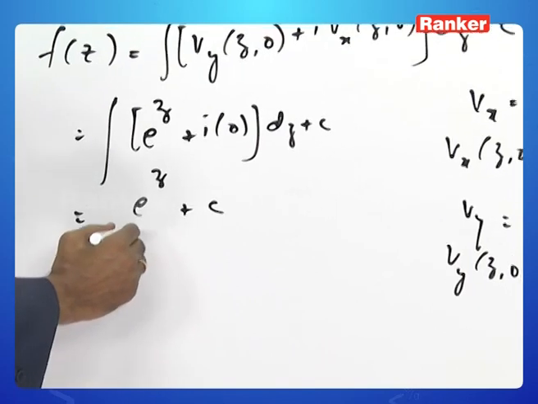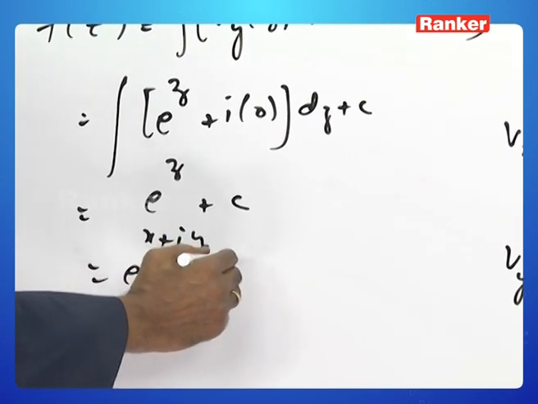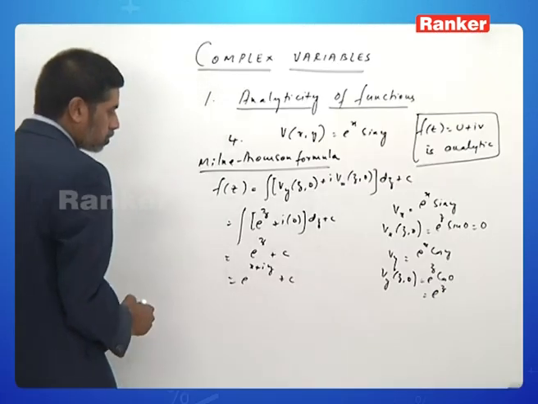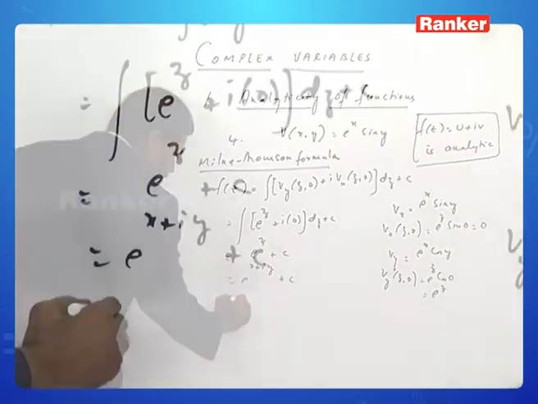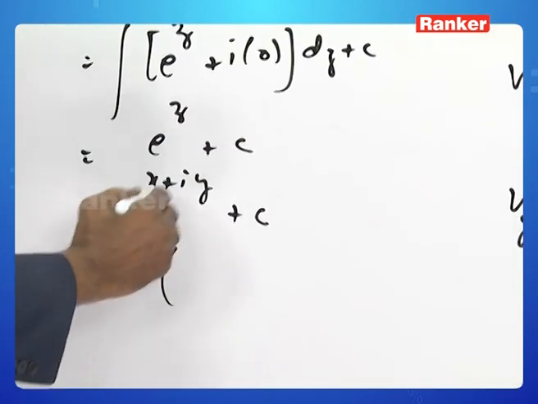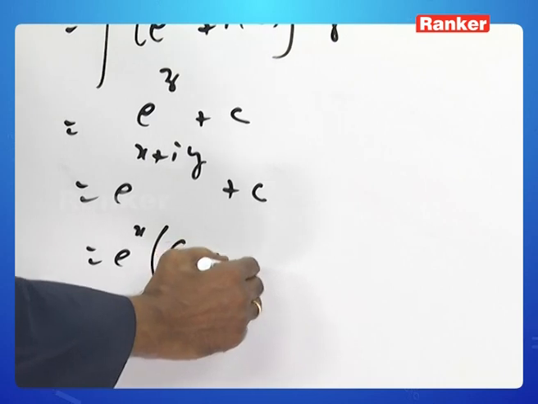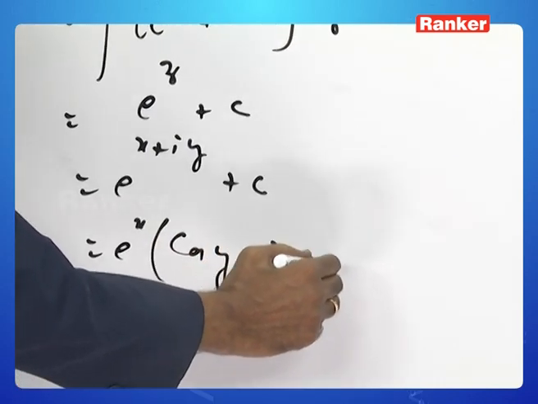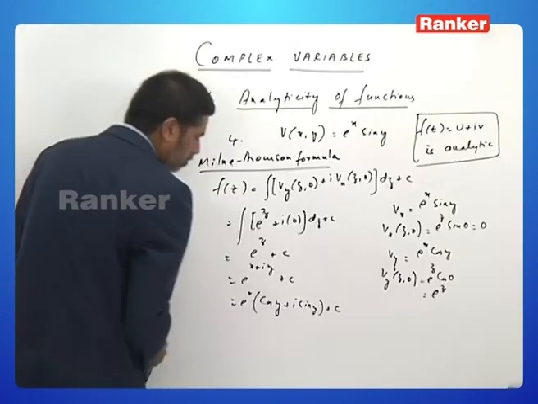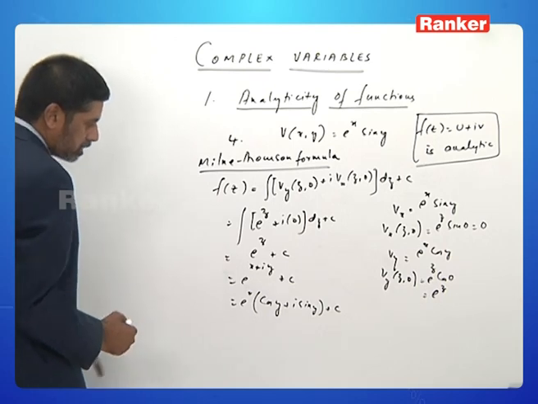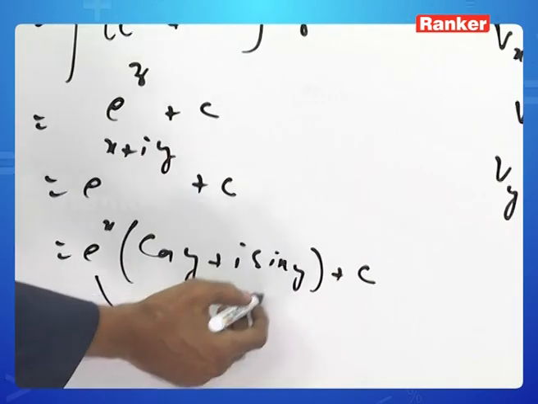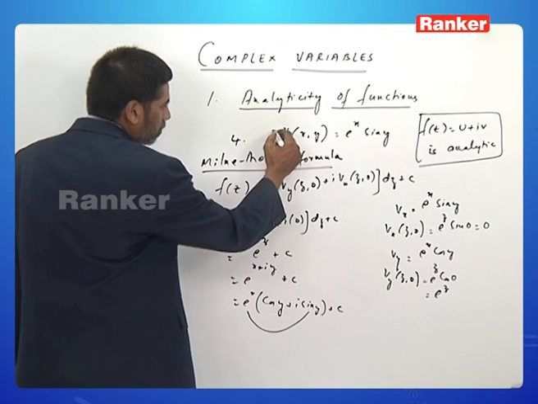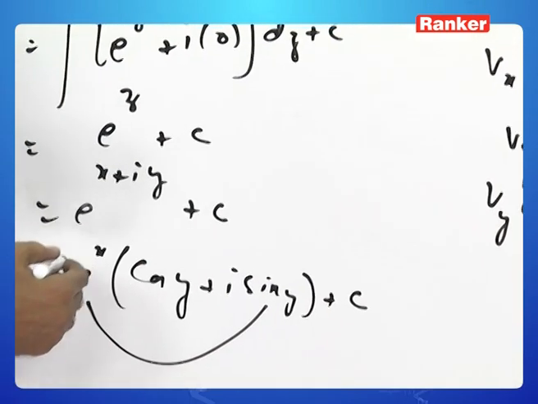Replace z with x plus iy. So when you do this, you will get e power x into e power iy, which is cos y plus i sin y. So you can clearly see that e power x sin y, which is v, is appearing in the answer.